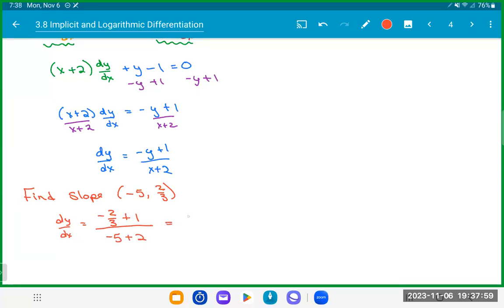And so that's going to give me a positive 1/3 over negative 3. That's the same as saying 1/3 divided by negative 3, which is 1/3 times the reciprocal, 1 over negative 3. And so this slope would be negative 1/9. Okay. Questions?